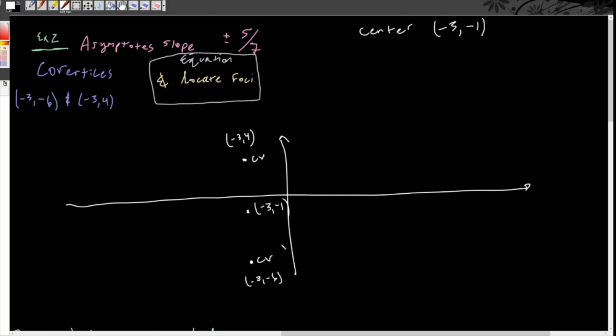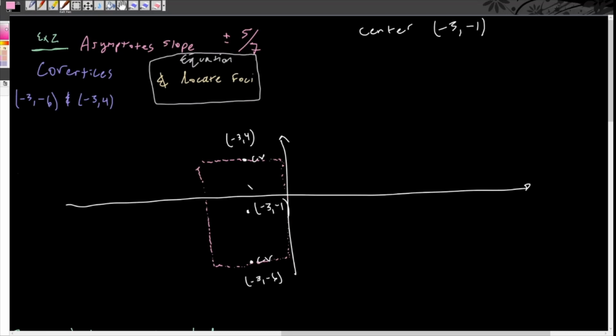And we only have another piece of information, right? That the asymptote slope is 5/7. So whatever the shape of this box is, the box better be in proportion of height to width 5/7, right?